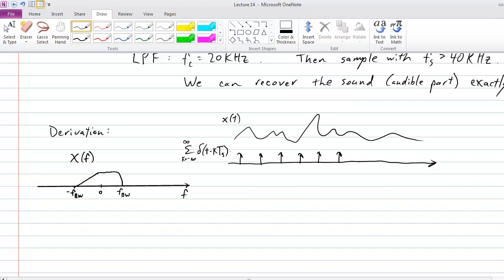Okay, so we said that if we do multiplication here, then that's going to give us a bunch of delta functions, each scaled according to the signal itself. I'm just going to draw these. Horizontally I should at least make them match up.